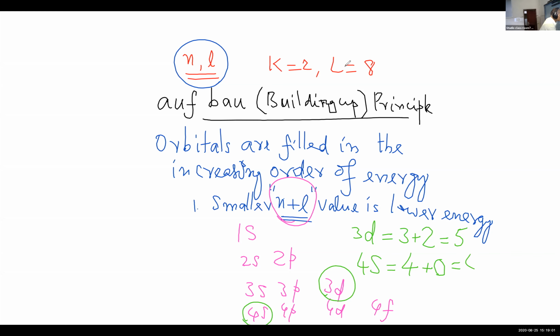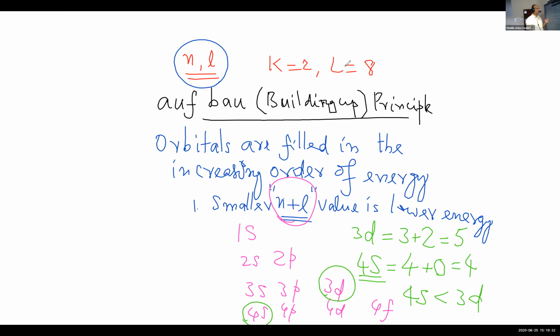that is equal to 4. So which is having lower N plus L value? 4s is having lower N plus L value, and therefore which is having lower energy? 4s. So energy of 4s is less than the energy of 3d.